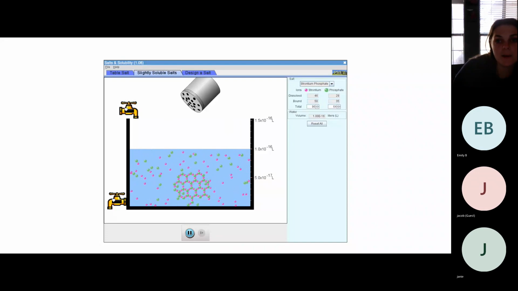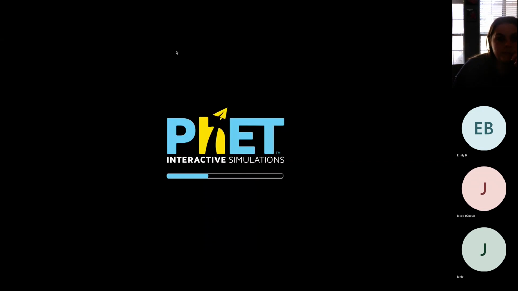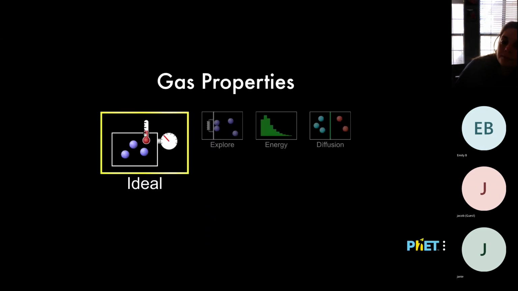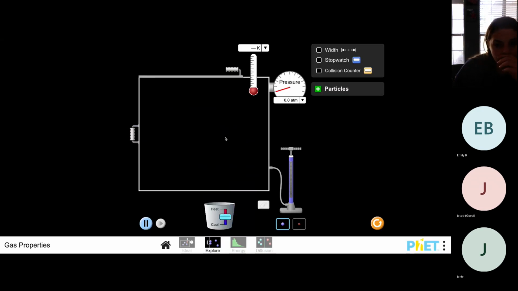Right. And let me show you a picture of what I'm talking about here. I've got another simulation for us. So this is going to visualize a particulate diagram of a gas.